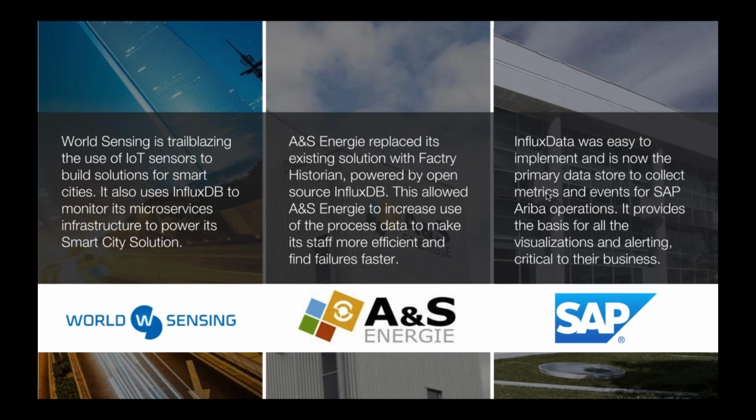Another IoT use case is with ANS Energy. It's an energy producer that burns non-recyclable wood. They have been doing this for a number of years, and they had a lot of legacy systems that they were feeling really uncomfortable with because they were already end of life. Even though they put in a lot of sensors, their number one technology for tracking this information was actually paper and pen.